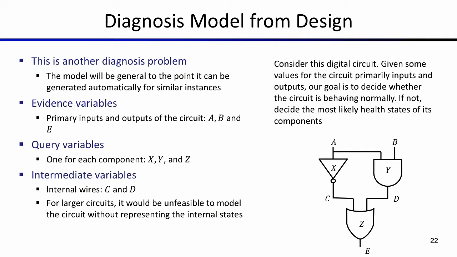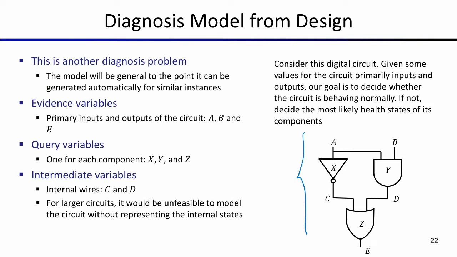So the problem is the following. Considering this digital circuit, we have one digital circuit here as an example, and it's a very simple toy example where we have just inverters and then OR gates.